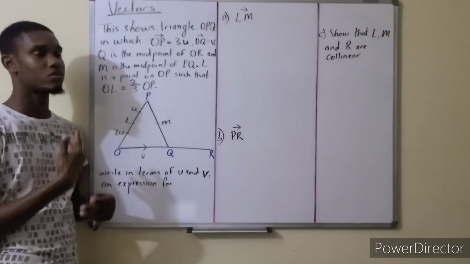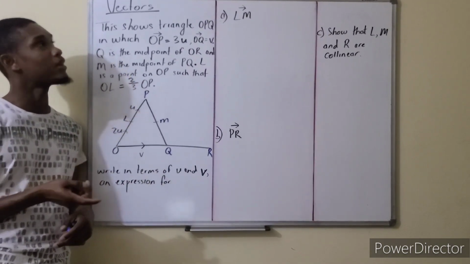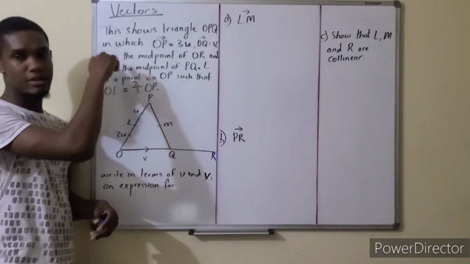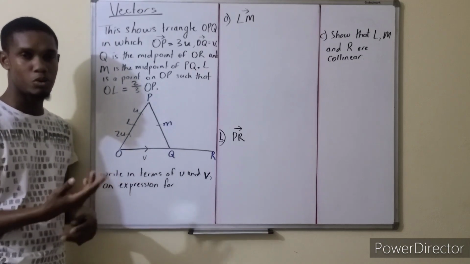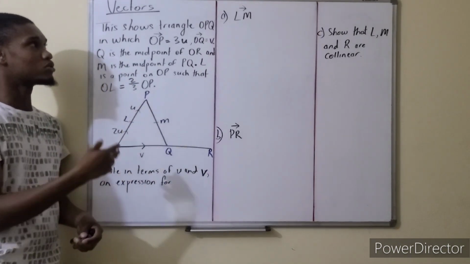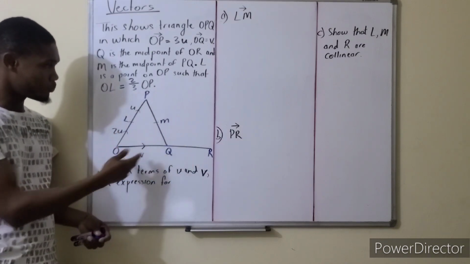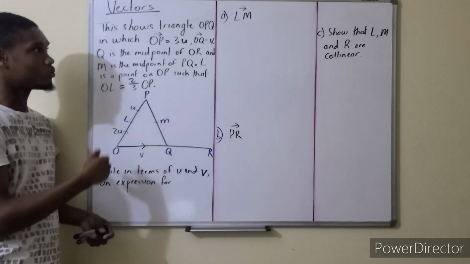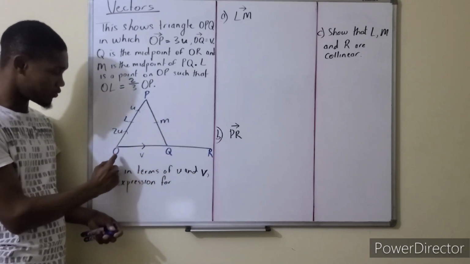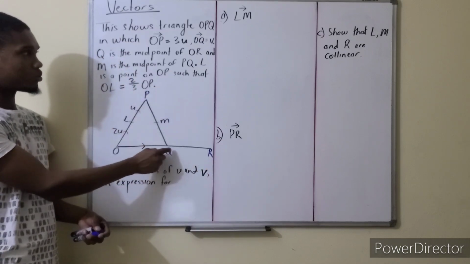So here we have some questions. This is from CSEC paper 2021. Now this question, I have paraphrased because of the amount of words. In essence, it was saying that this triangle shows the triangle OPQ, in which OP is equal to 3U, OQ is equal to V. Q is the midpoint of OR, and M is the midpoint of PQ.